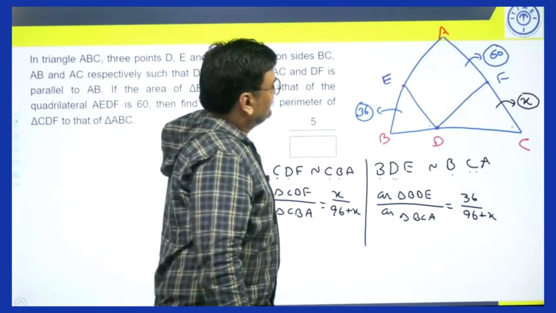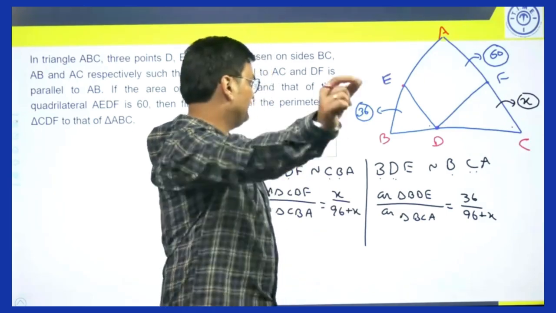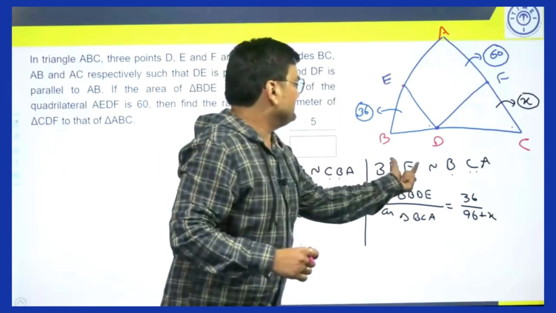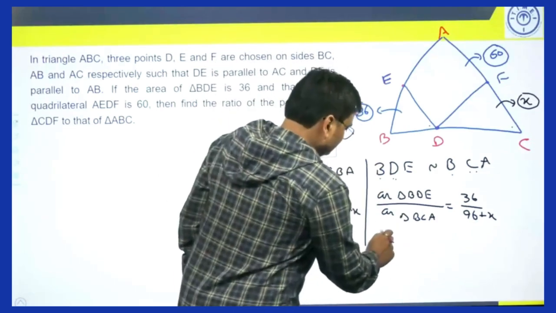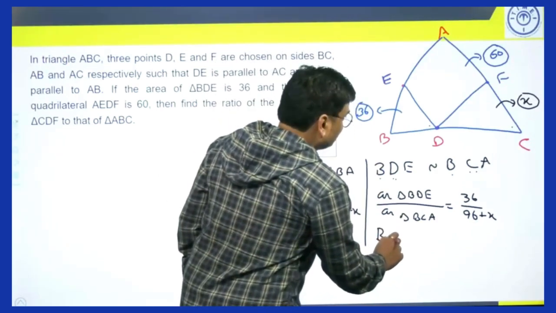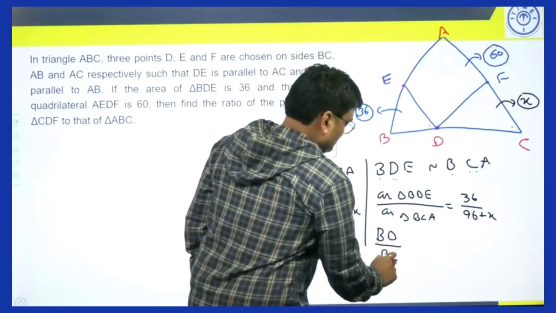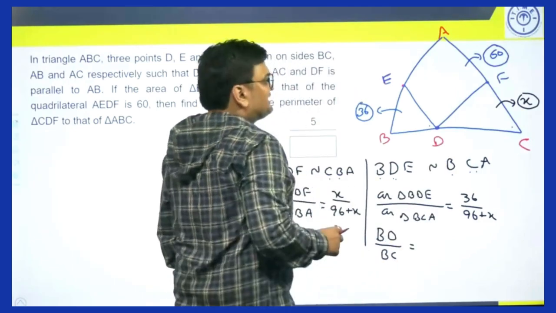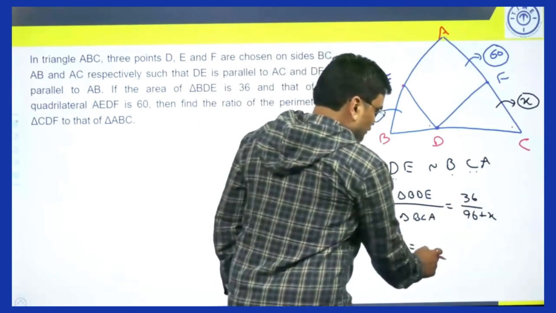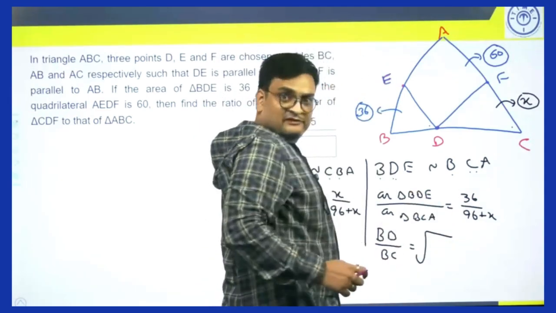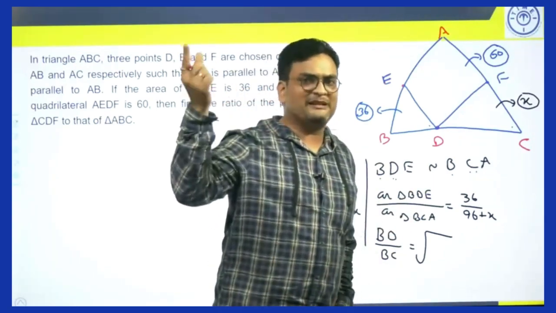One more thing that we can notice out here, observe please: if triangle BDE is similar to triangle BCA, can we not say the ratio of BD by BC will be equal to the square root of this, because we just now saw that if the ratio of sides is k, the ratio of areas will be k squared.